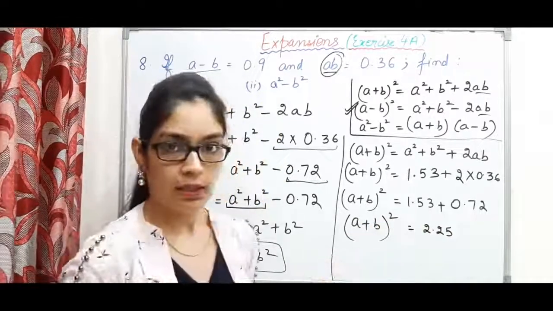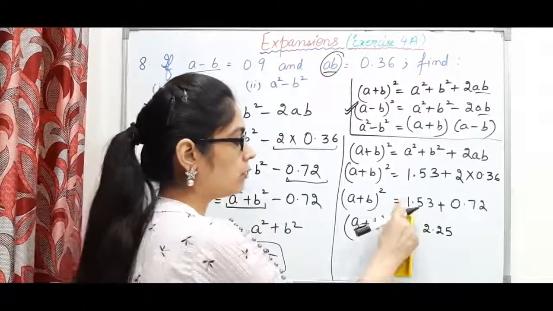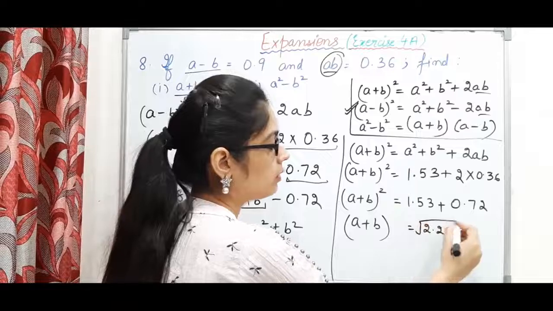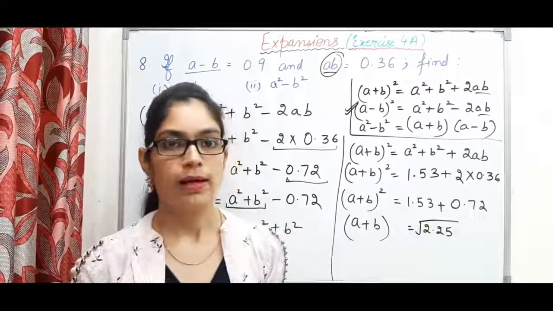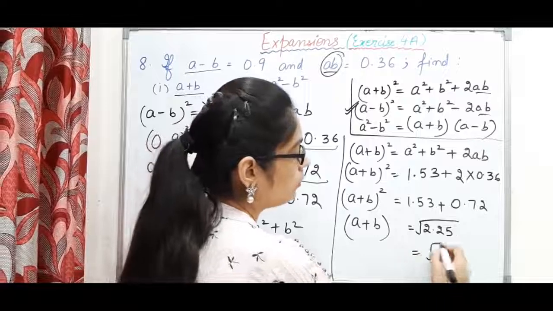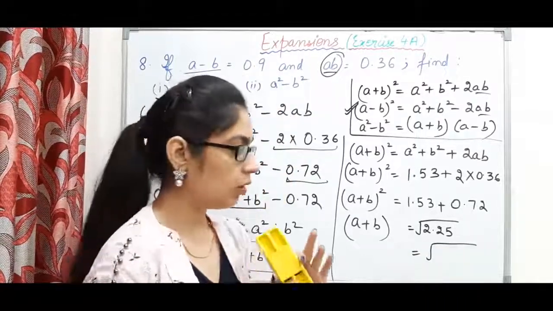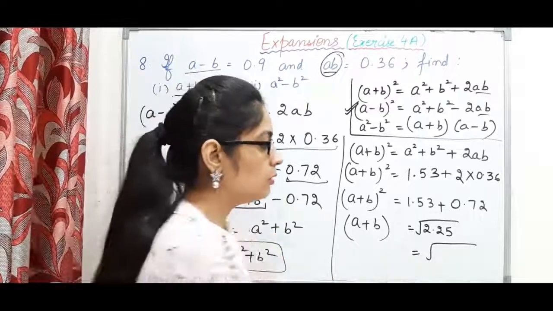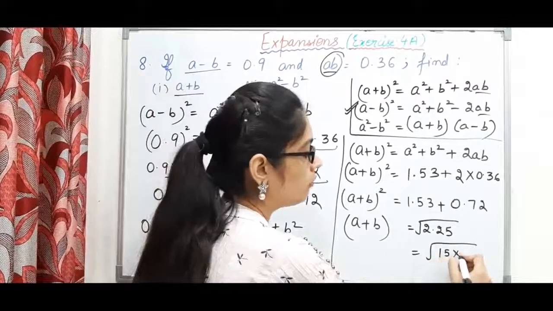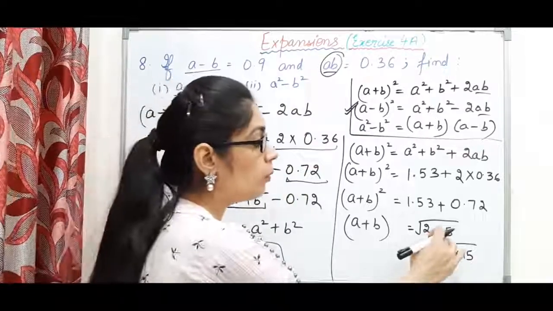So we don't need the value of a plus b whole square, we need the value of a plus b. So this square we can shift to the other side. On changing the side, the square will change to square root. So 225 in normal words, not in decimal, is 15 into 15. 15 into 15 is 225, but it is 2.25.